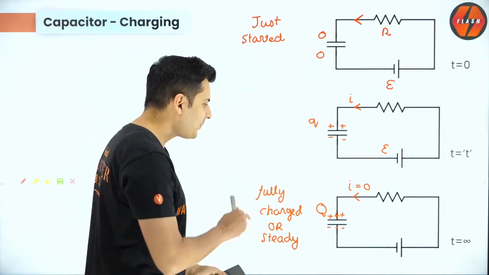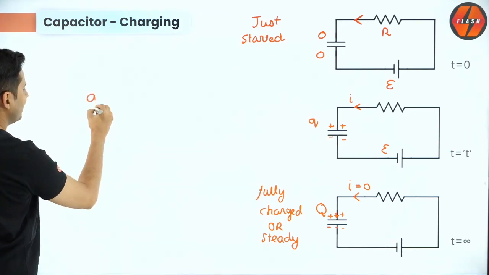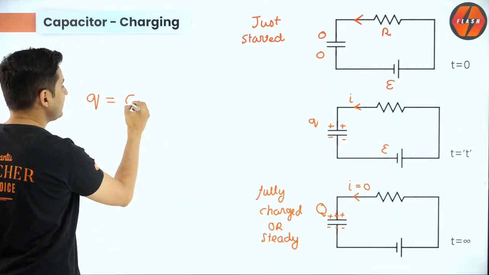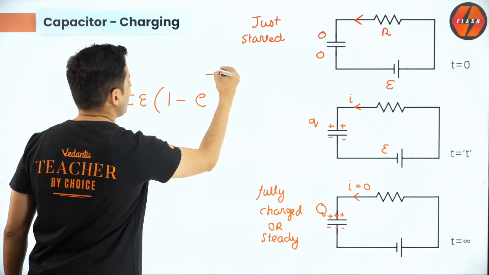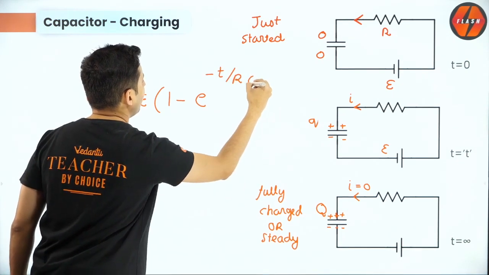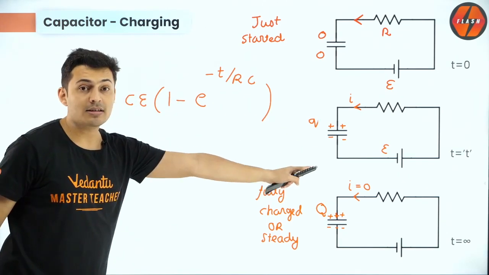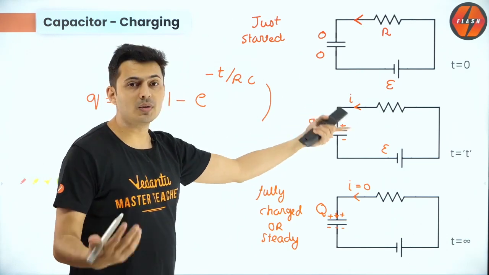So guys, what is the charge as a function of time? The charge as a function of time comes out to be CE times (1 minus e to the power minus t by RC). This is the function of the charge we get after integration when you use KVL.